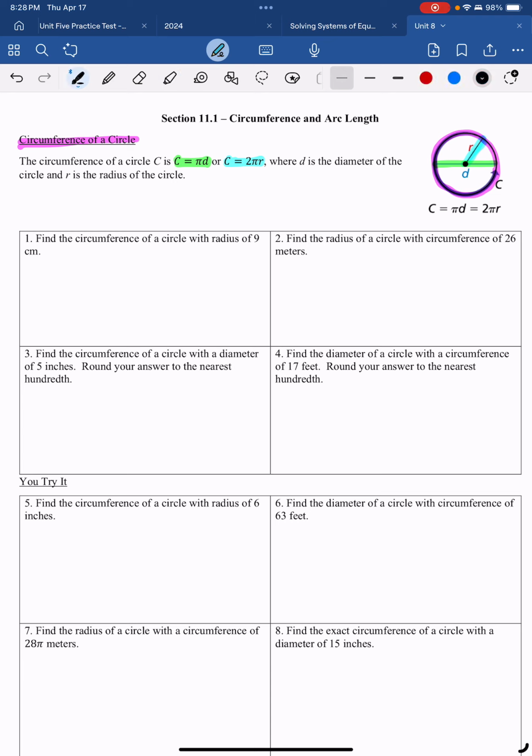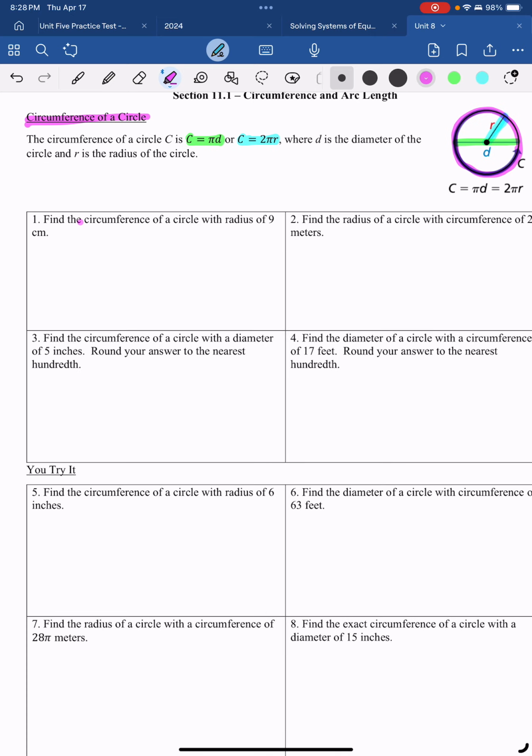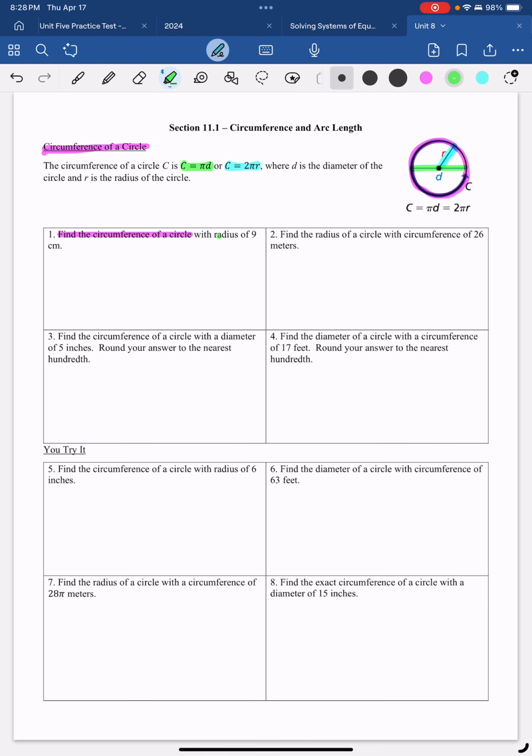In our first example, we need to find the circumference of the circle that has a radius of 9 centimeters. So if we know radius, we should be using the formula circumference equals 2 pi r. So we're trying to find circumference, so we'll leave that as our variable.